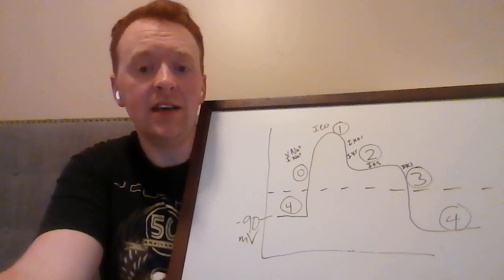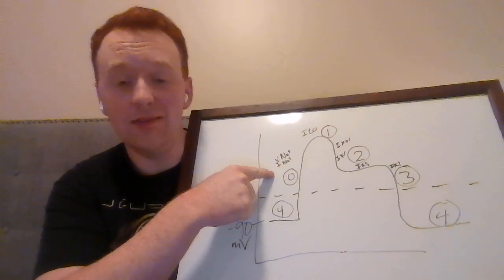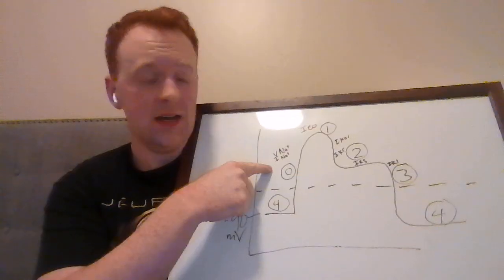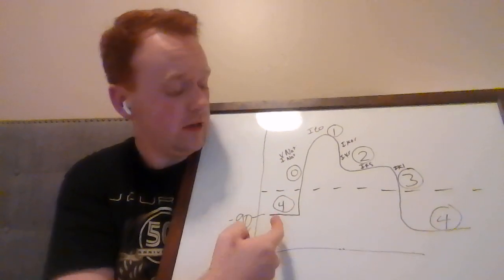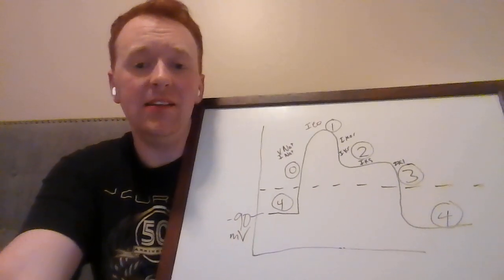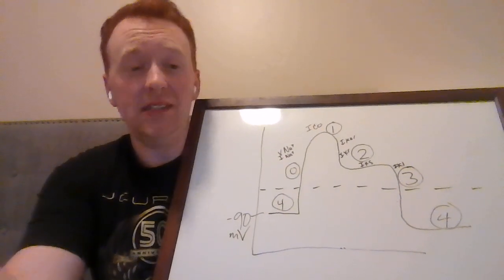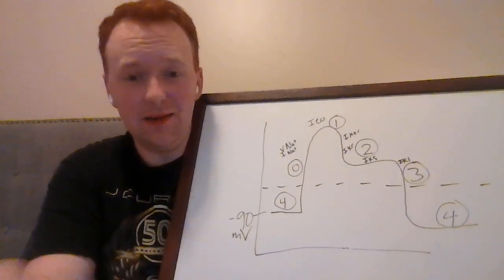That opens, and sodium and calcium channels close. This is when the cell is stable during this resting membrane potential. It's basically maintained mostly by potassium going into the cell and the sodium potassium pump.